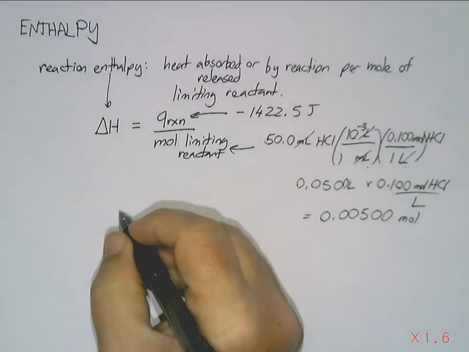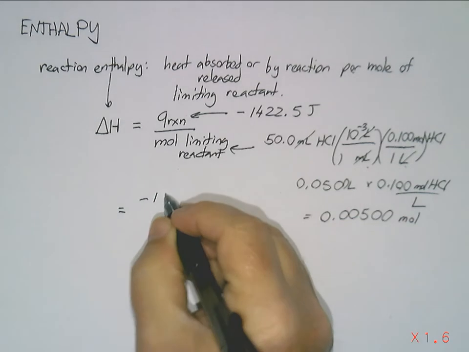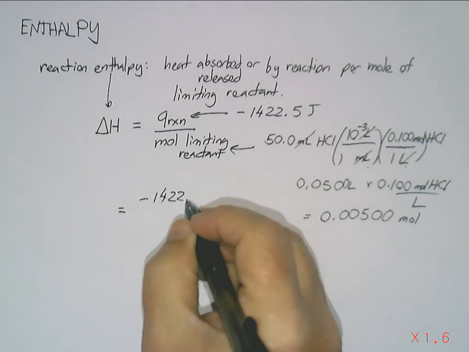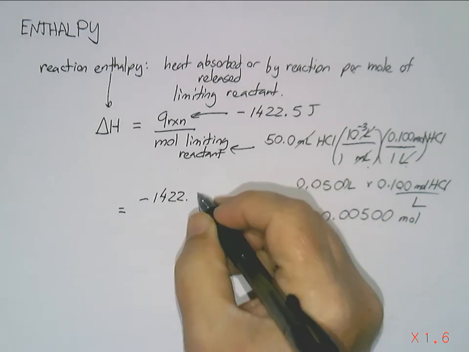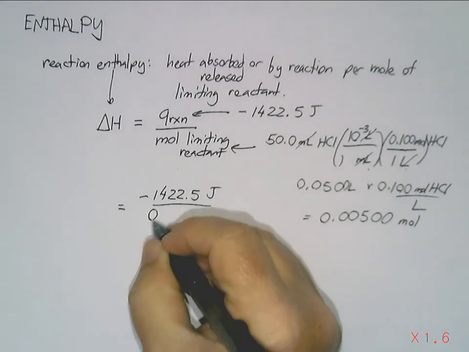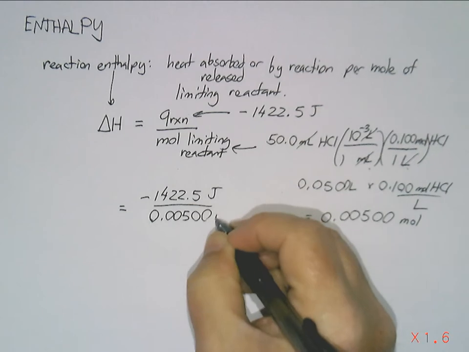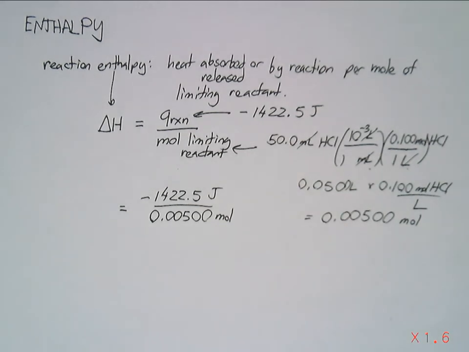So our delta H, our reaction enthalpy for this, is going to be minus 1422.5 joules divided by 0.00500 moles. And what's that going to be?